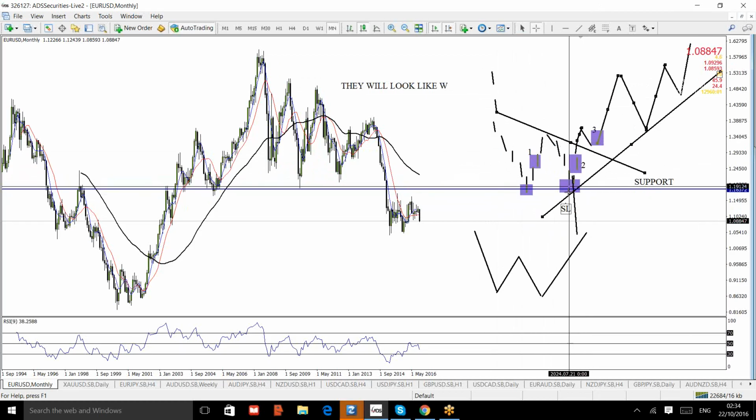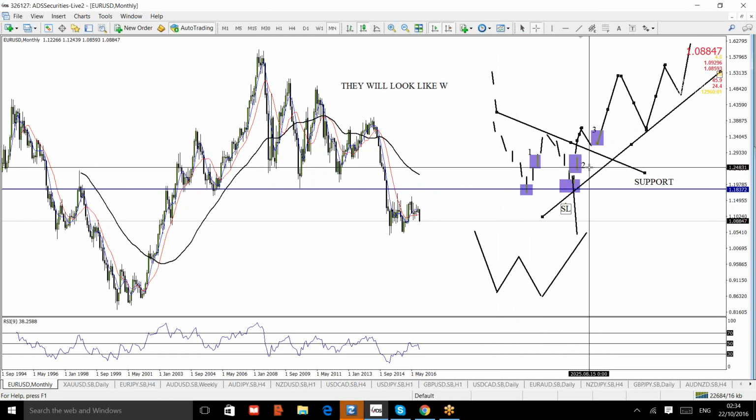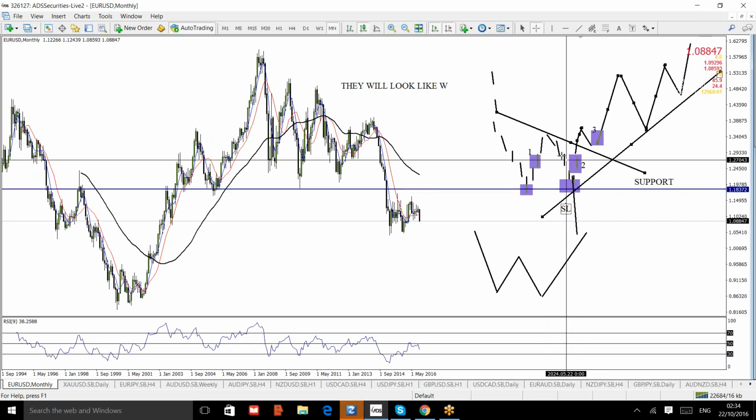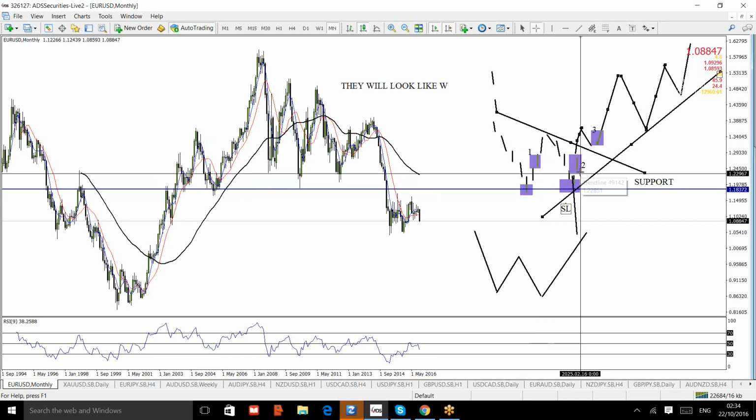Let it test again. It rejects here and starts rising. Now wait for the bullish candle. If you see the candle, that is where you enter. The price has established a double bottom, right guys? Then the price is rising now. So you have this trend line here.